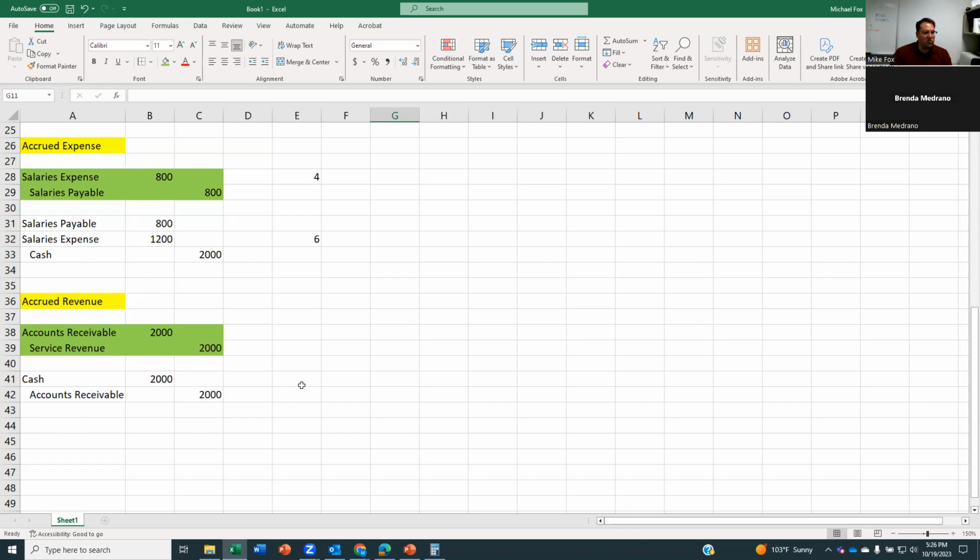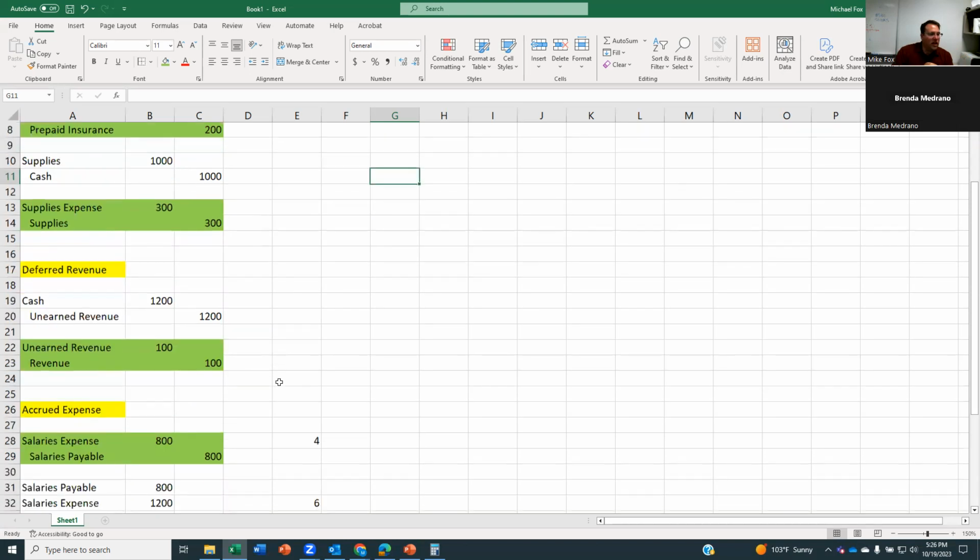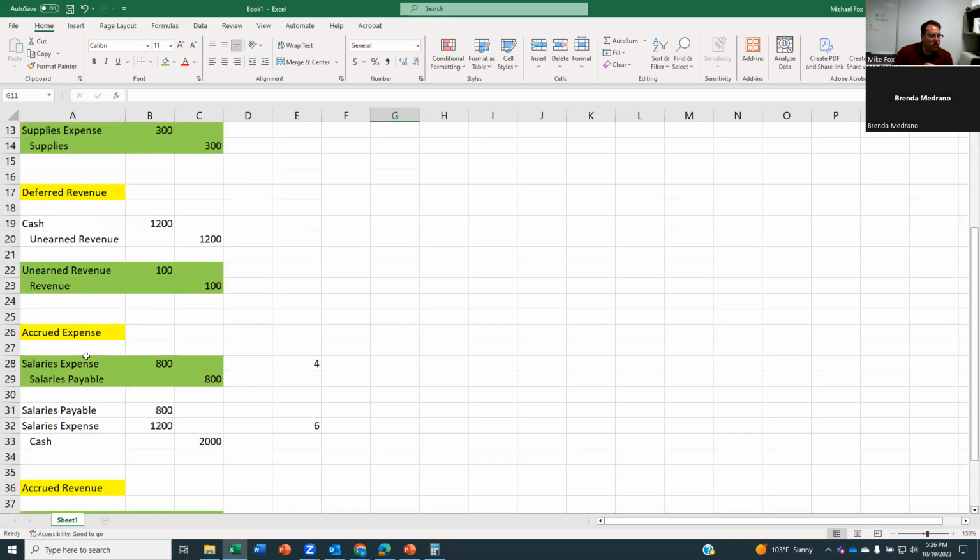That's the difference between the deferral, where the expense will be claimed later, and the accrual, where the expense is recognized now but we'll pay it later.